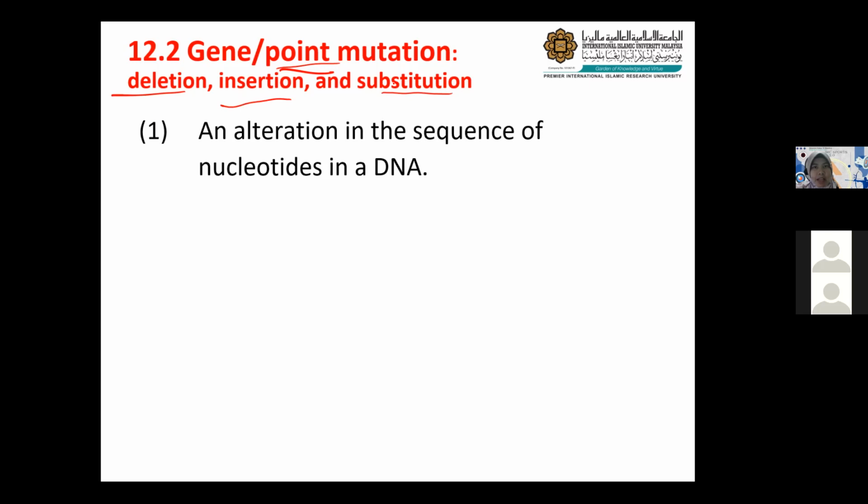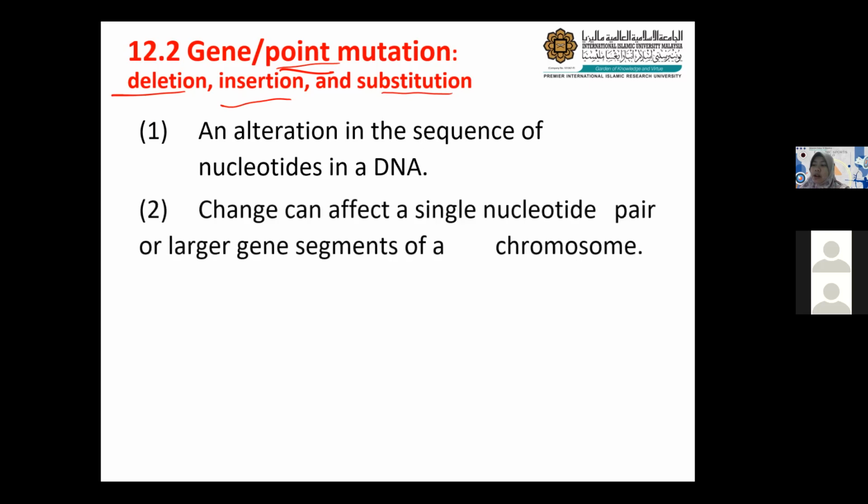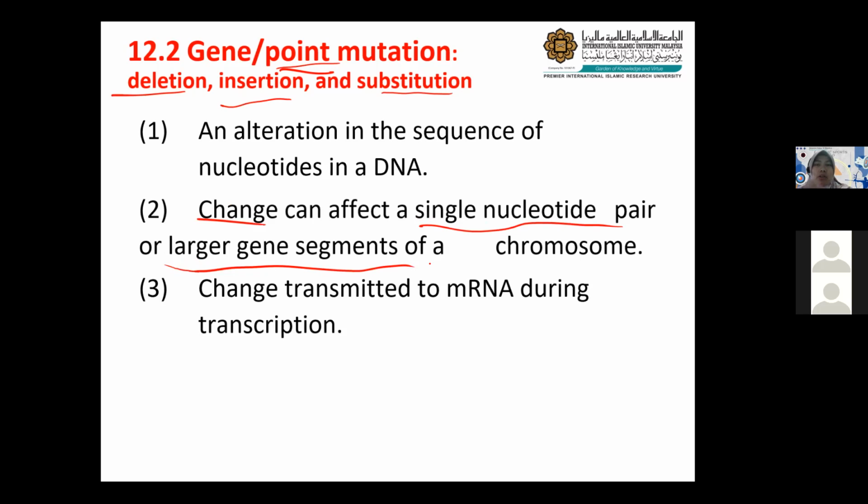Insertion, maksudnya addition. So gene or point mutation is alteration in the sequence of nucleotides in the DNA. The change can affect a single nucleotide pair, or it can affect a larger gene segment of a chromosome. So effect dia berlaku dekat single pair of nucleotide ataupun larger gene segment.